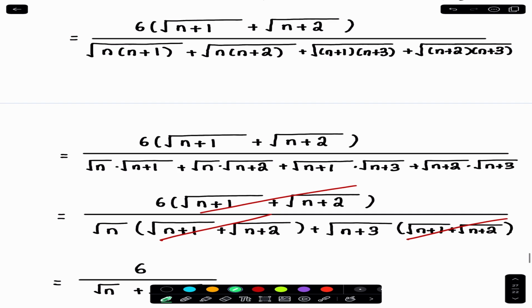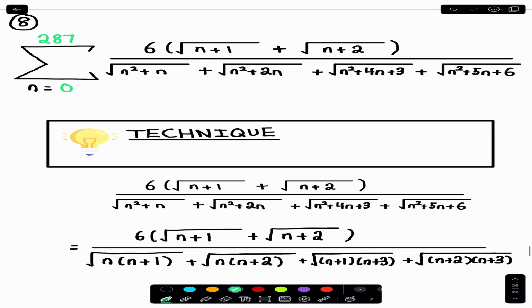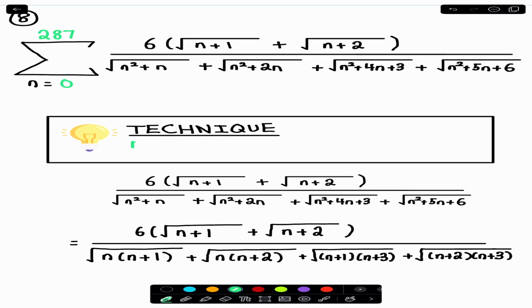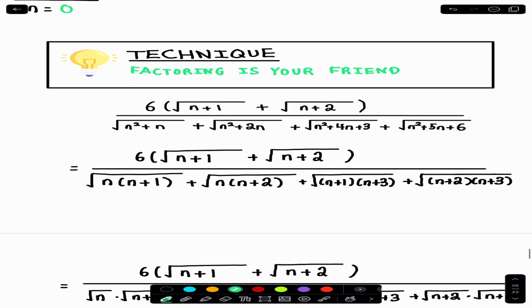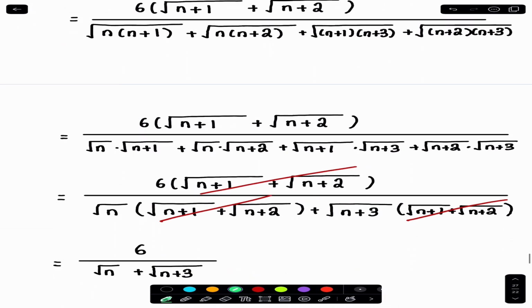Well, definitely, as seen from the start, the main technique or idea is factoring is your friend. So you can always rely on some good old factoring to do great things. So a little factoring goes a long way.